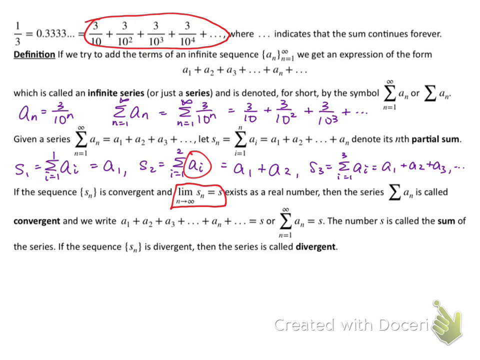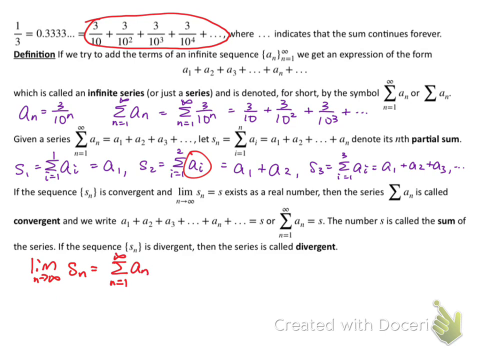If the sum converges, then here they are the same. So what I'm trying to say here is the limit as n approaches infinity of S_n equals the sum from n equals 1 to infinity of a_n.